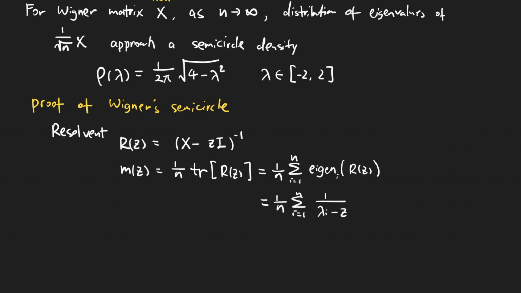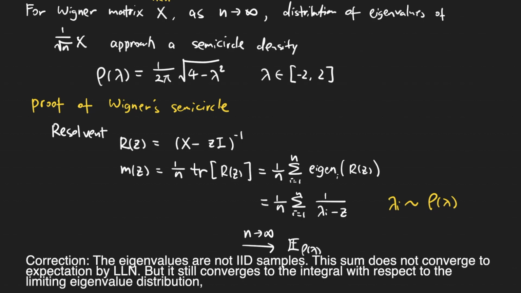So the reason we care about this is that as n goes to infinity, if you look at this, it is an average. And lambda_i is sampled from a distribution of the eigenvalues, we think. So this will just converge to the expectation of 1 over (lambda minus z), right?